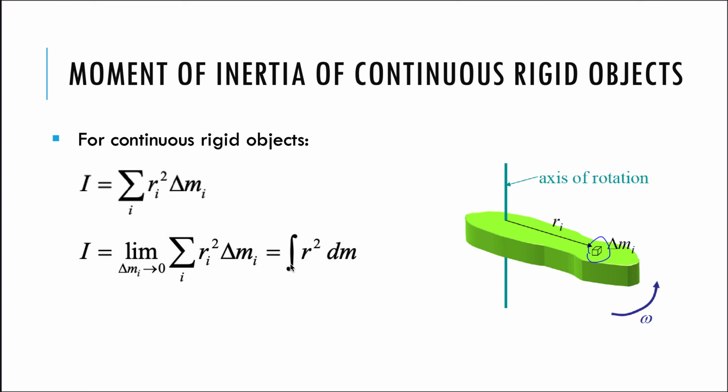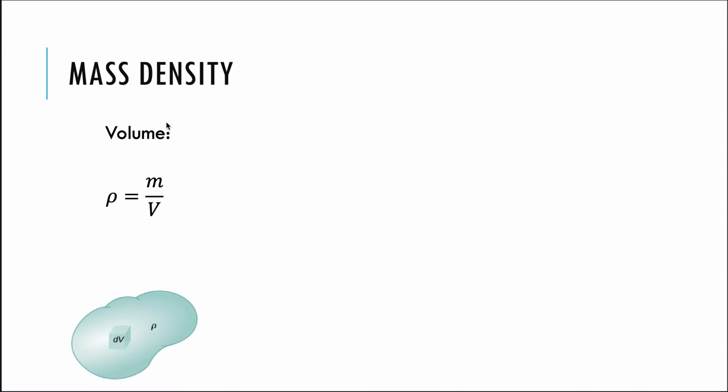The trick when solving these integrals is to be able to replace dm by something else that is easier to integrate over. So let's take a look at that. Let's look at mass density. Volume mass density is defined as mass per volume. If you have a volume here, it has a density rho, and you can look at a tiny little part of the volume and call it dV.